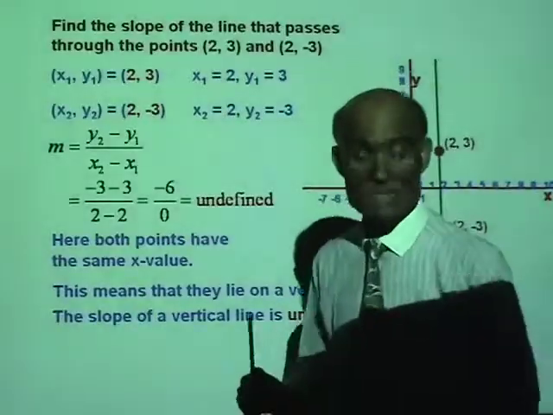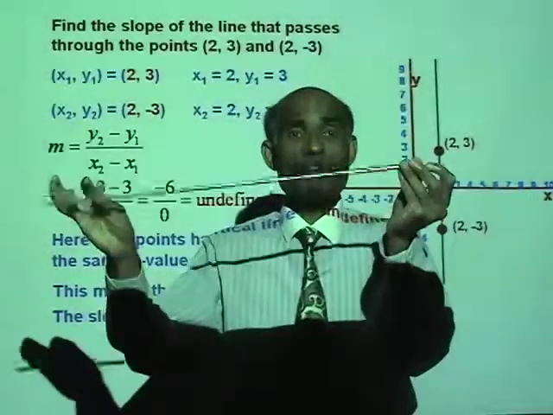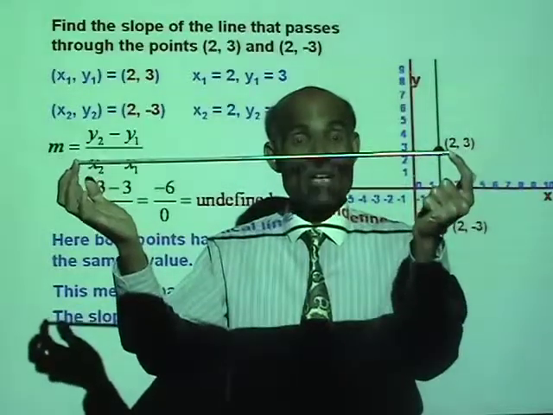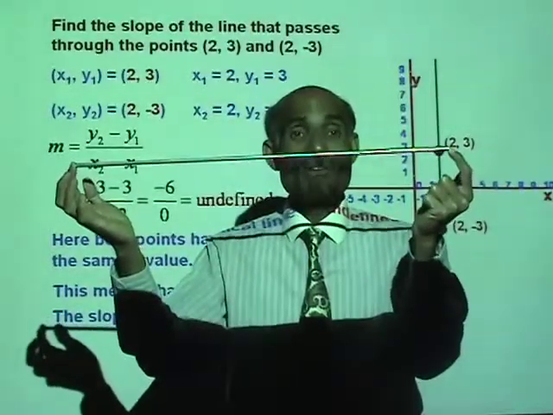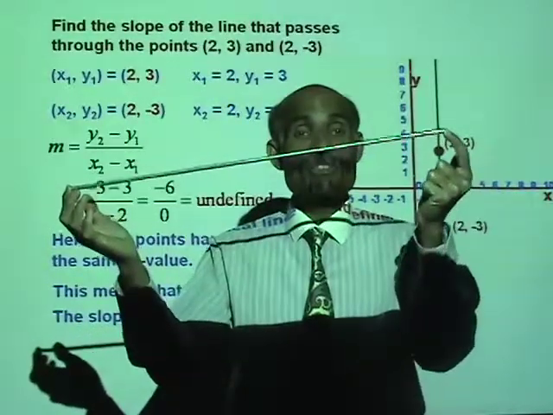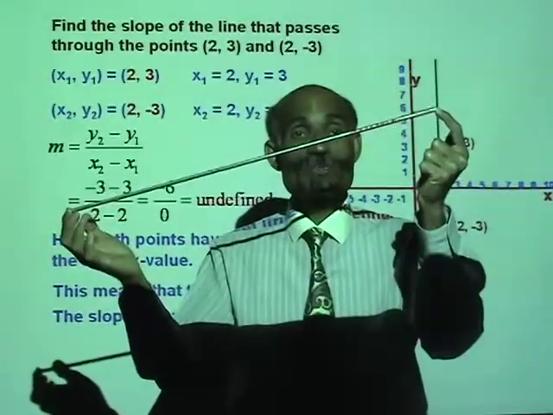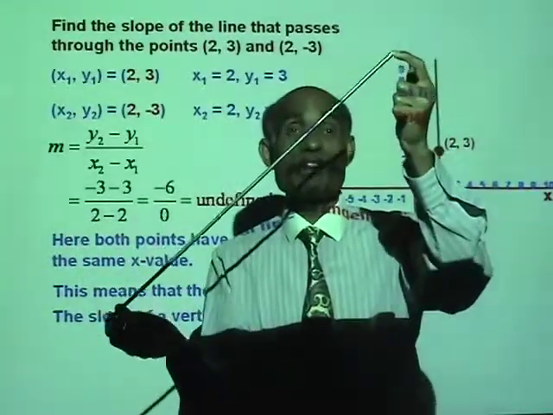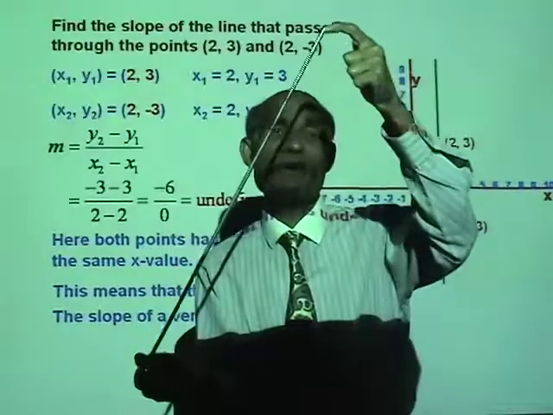Don't forget that. Tell me, what is the slope of a horizontal line? The slope of a horizontal line is 0. There is no rate of change. As the slope increases, the rate of change increases without bounds.